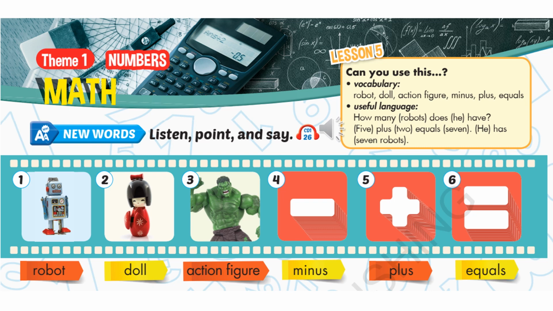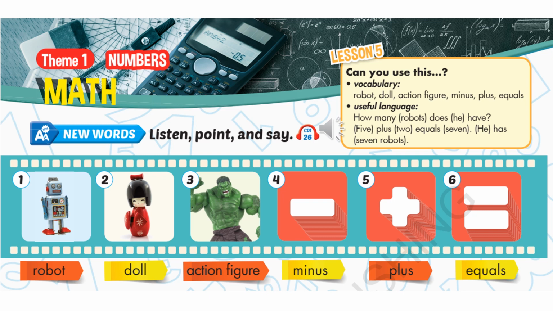Theme 1. Numbers. Lesson 5. New words. Listen, point, and say. 1. Robot. 2. Doll. 3. Action figure. 4.